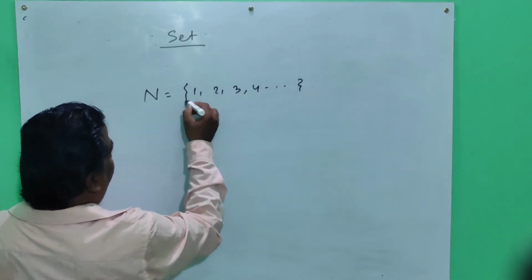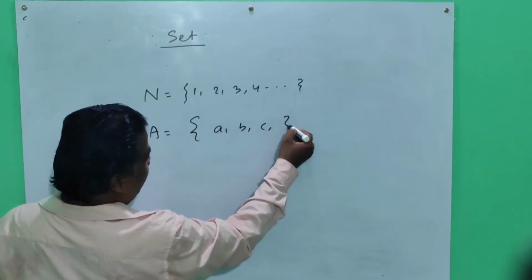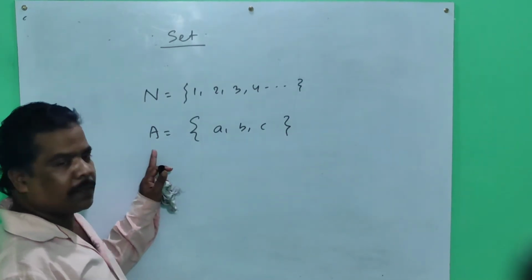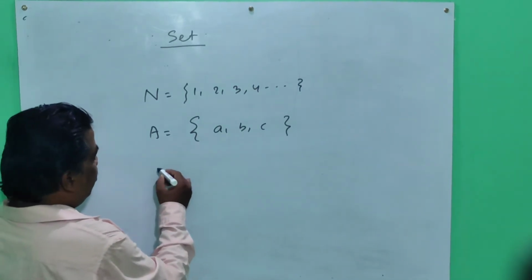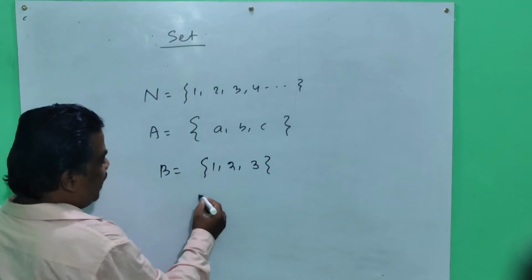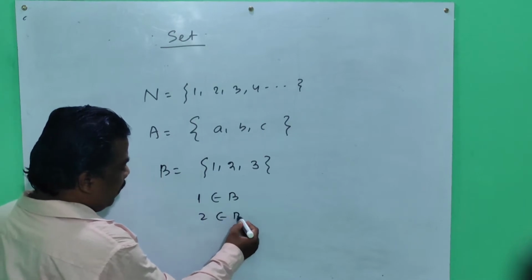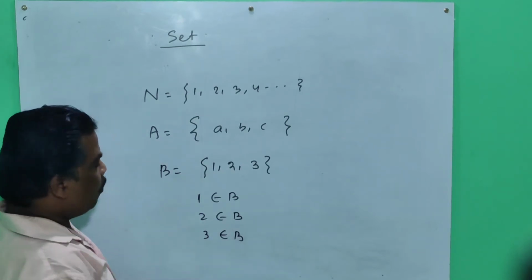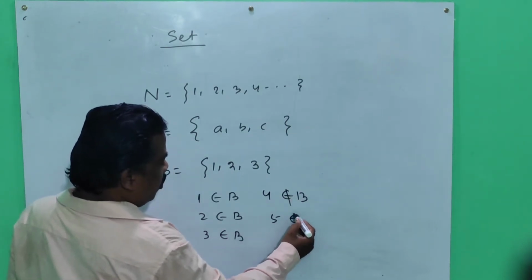Take A as a set with elements a, b, c, named A. So the naming of a set must be a capital letter and elements must be small letters. If B is a set with elements 1, 2, 3, then 1 is an element of B, so we write 1 belongs to B. Similarly 2 belongs to B and 3 belongs to B. Here 4 is not an element of B, so we write 4 does not belong to B, and 5 does not belong to B.